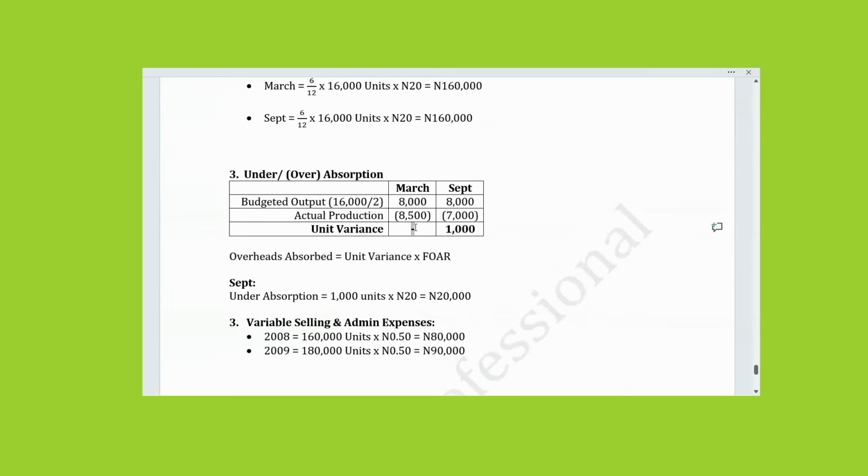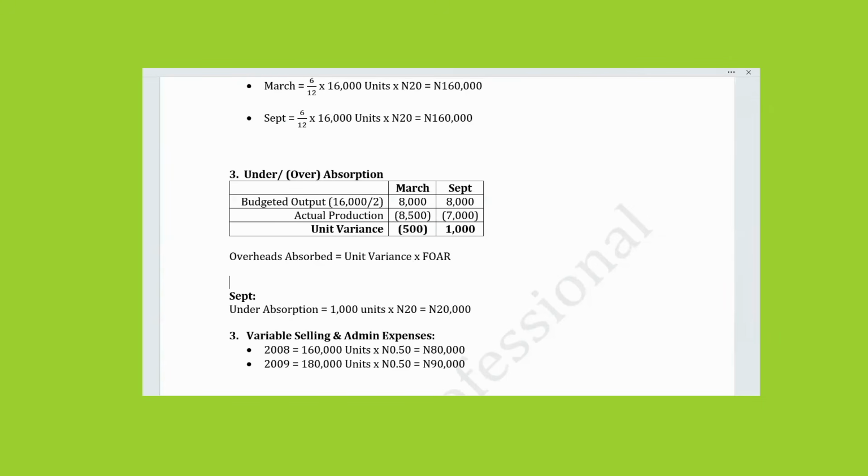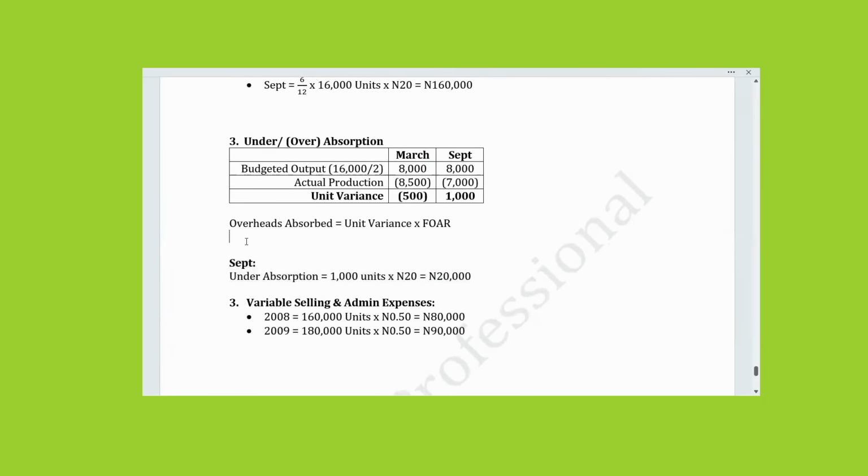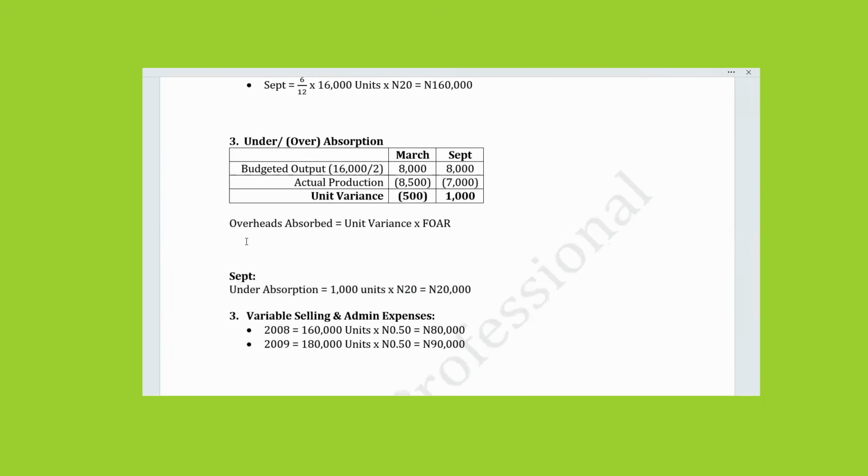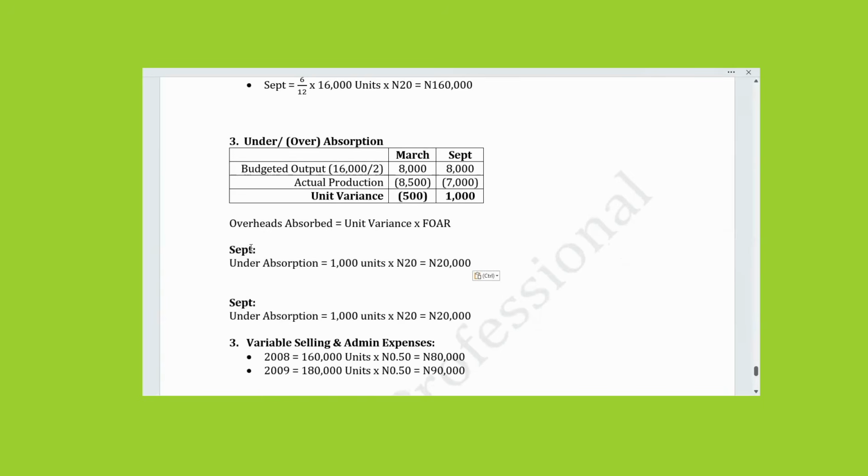So there is over absorption. Here is 500 over. All right. So I will then come here to the period ending March. Let me copy this. It is interesting if you know what you are doing.